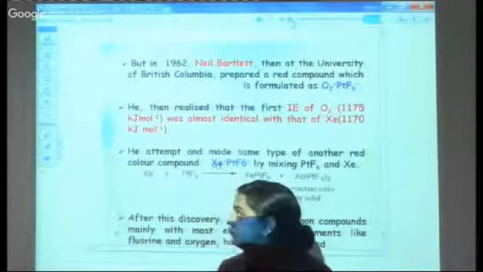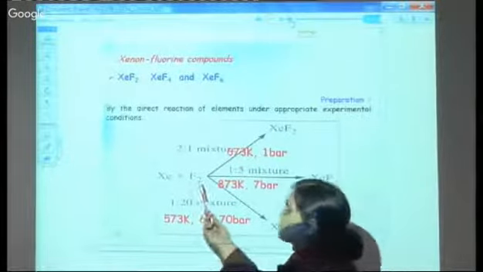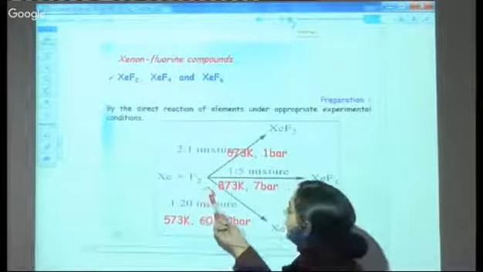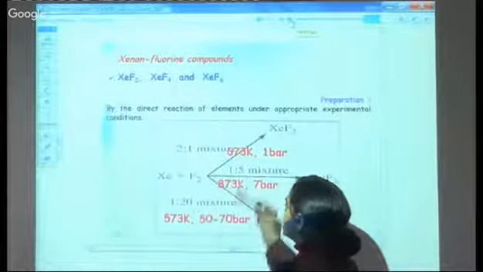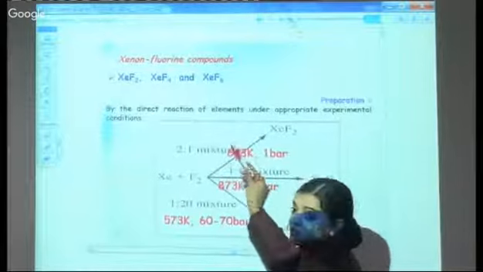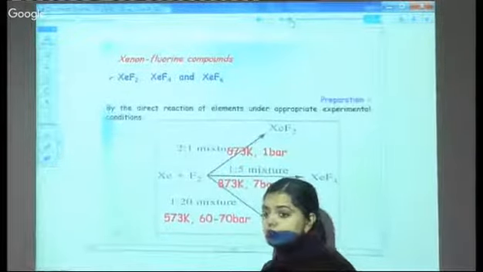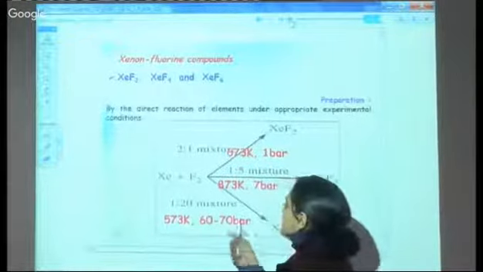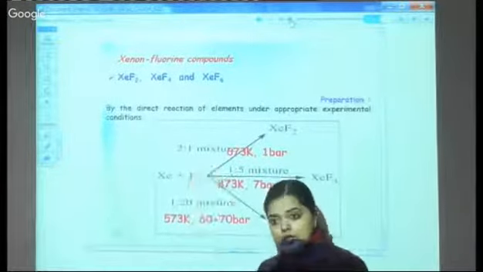Right? Next slide. So in that very condition, xenon was reacted with fluorine, in a mixing of 2:1 or 1:5 or 1:20. You get to see that it is inert. It does not react under normal conditions. But providing a temperature of 873 or 573 Kelvin, so high temperature, it does react.